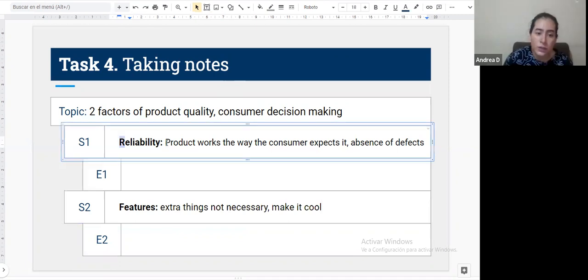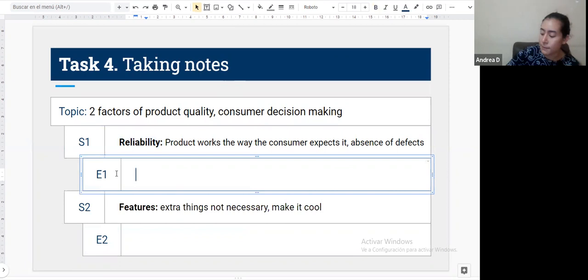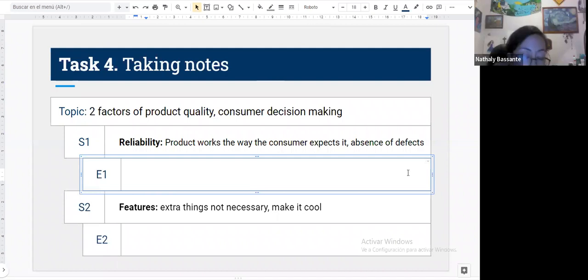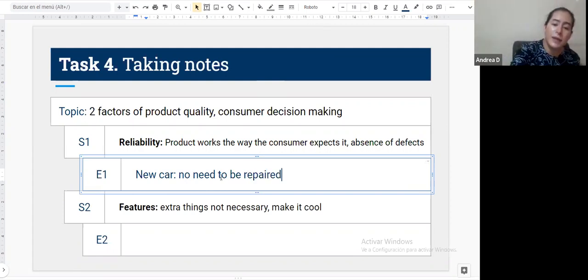What example do we have to illustrate reliability? What is the example for reliability? Maybe a new car that you buy and don't need to be repaired. Okay, good.